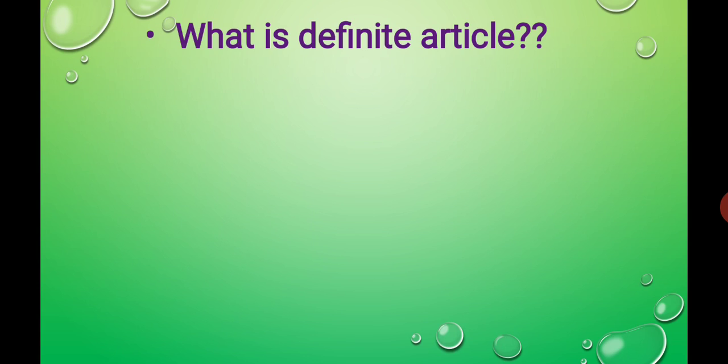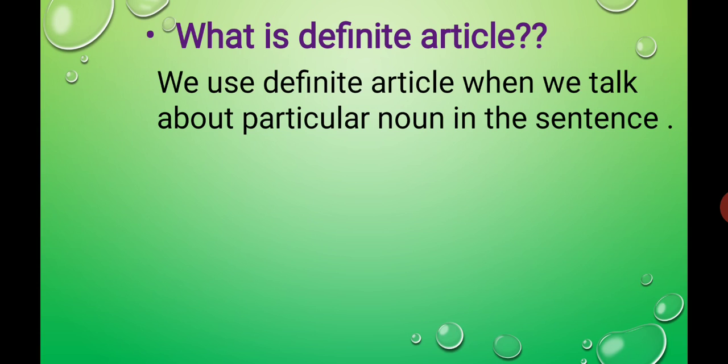Let's see the definition of definite article and indefinite articles. So, what is the definite article? We use the definite article when we talk about a particular noun in the sentence. It means that if you know which noun is being considered in the sentence, it is a particular noun.